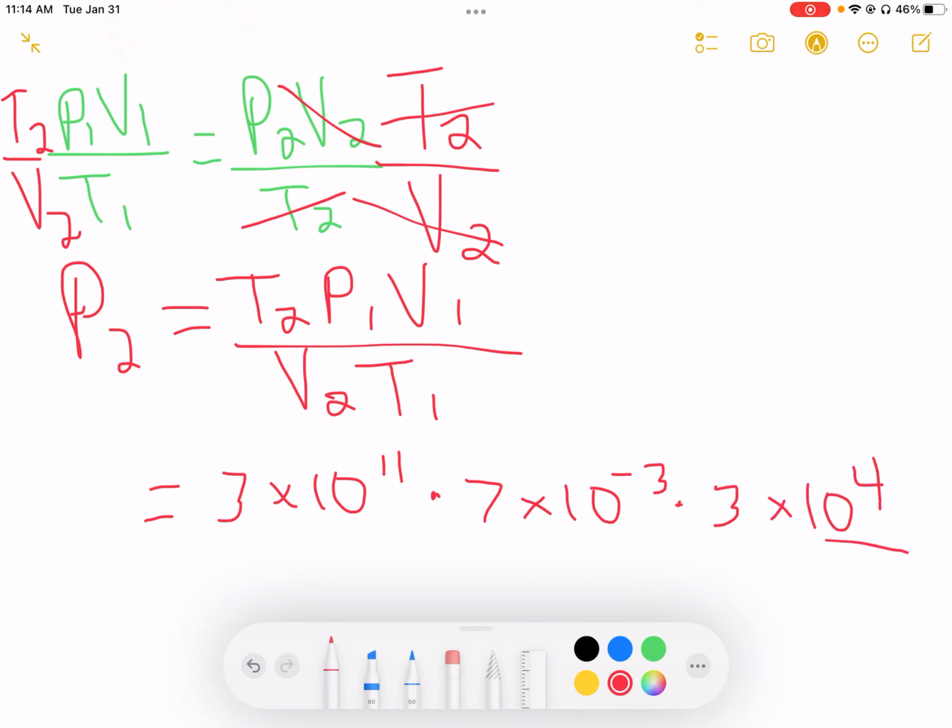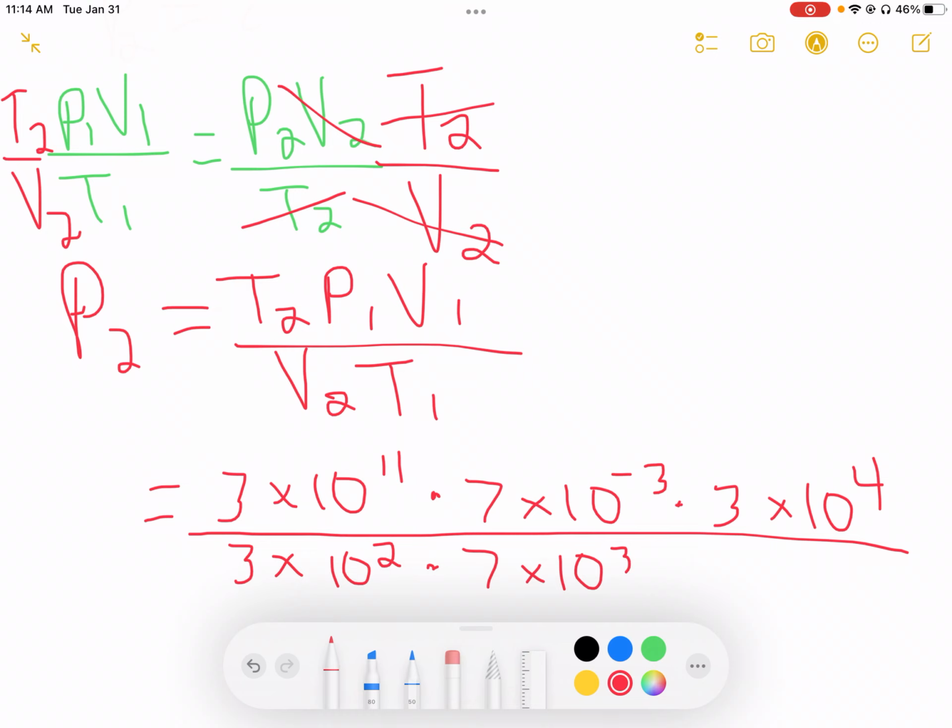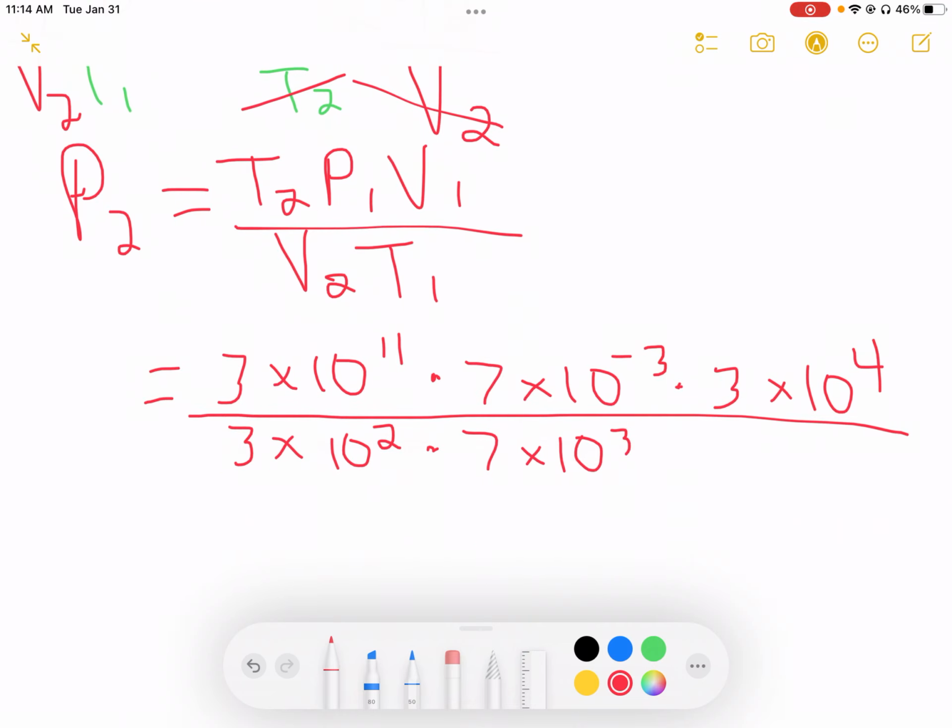And then on the bottom, I just had my V2 and T1, so there's 3 times 10 to the 2. My temperature one was 7,000, so it was multiplied by 7 times 10 to the 3. We'll go ahead and make sure you can do that on your calculator and get the right thing.